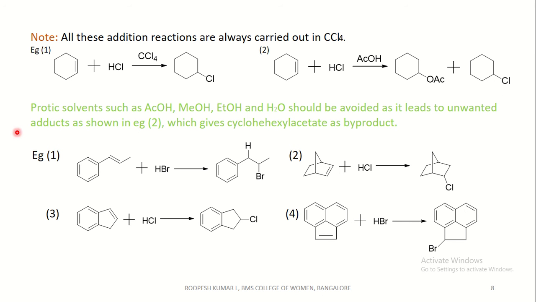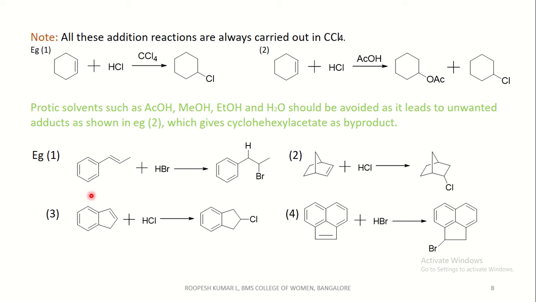Protic solvents such as acetic acid, methanol, ethanol and water should be completely avoided as they lead to unwanted byproducts, as shown in example 2. That is here, which gives cyclohexyl acetate as a byproduct instead of a single product.